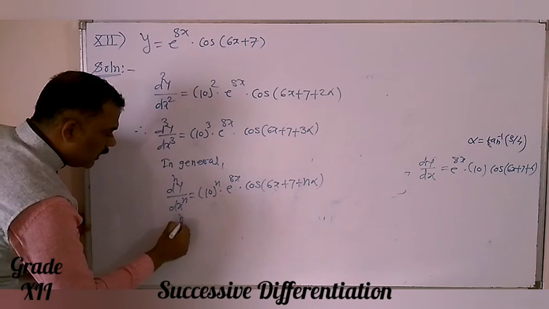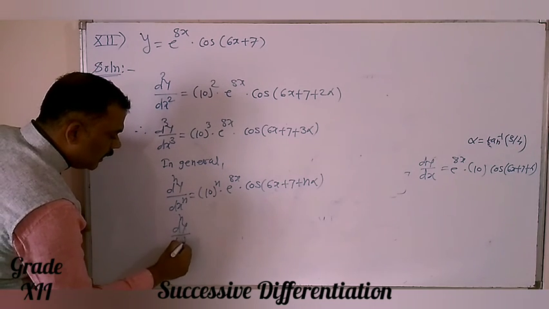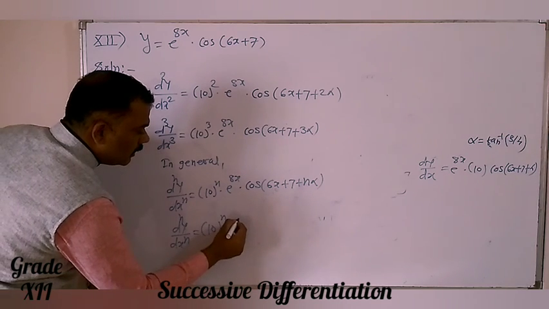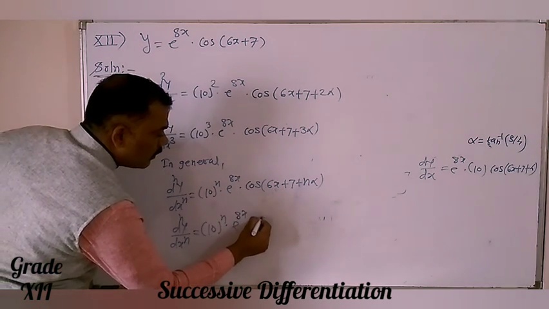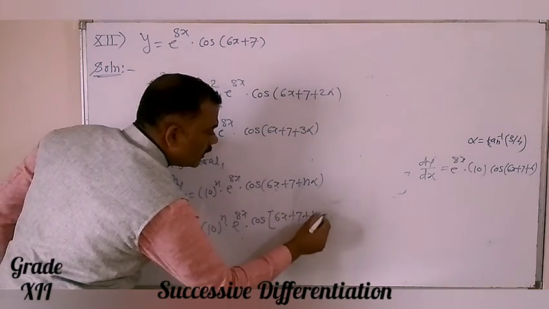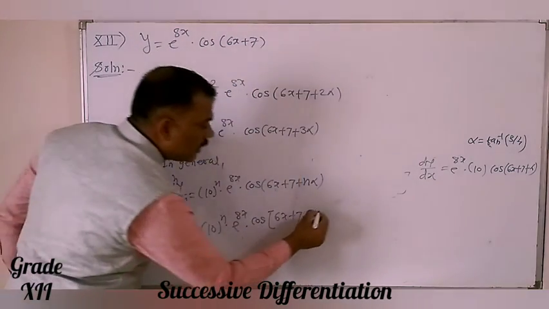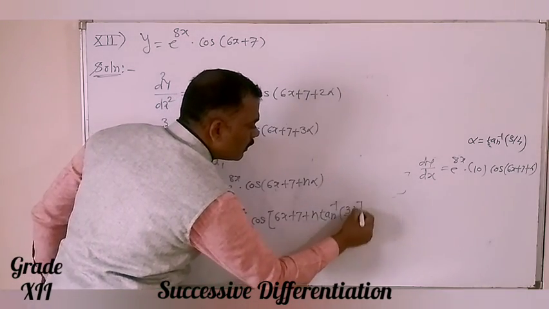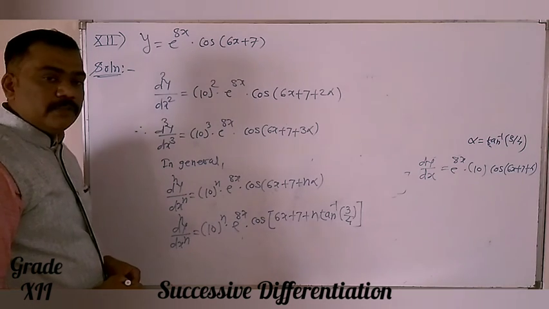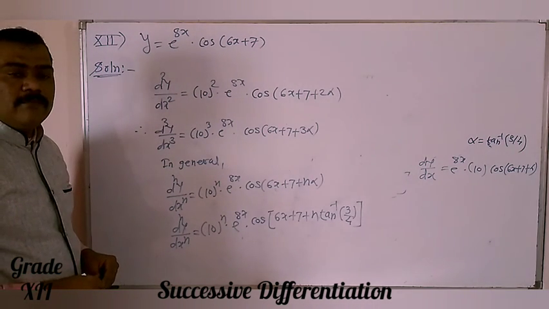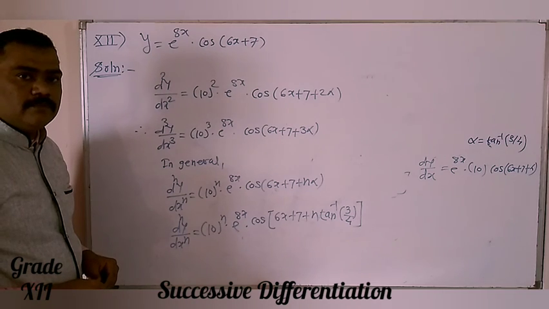What is the value of alpha? Alpha is nothing but tan inverse of 3 by 4, which is the required nth order derivative of this given example, example number 12.